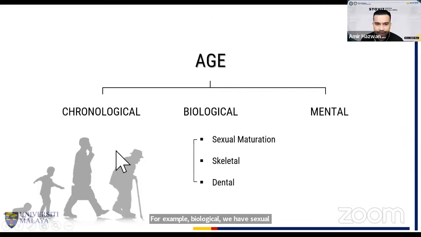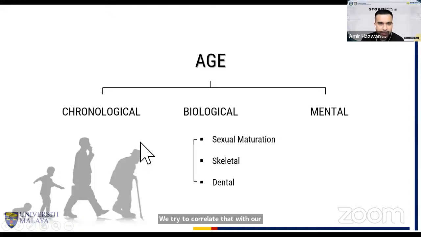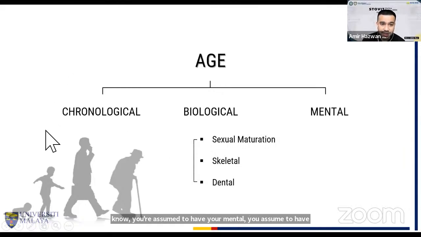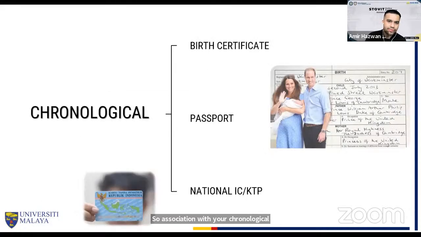We try to correlate that with our chronological age, our date of birth, to see whether the correlations are strong or not. And once you have that, you assume to have a strong association with your mental age also. So you presume to have matured once you've reached a certain age.